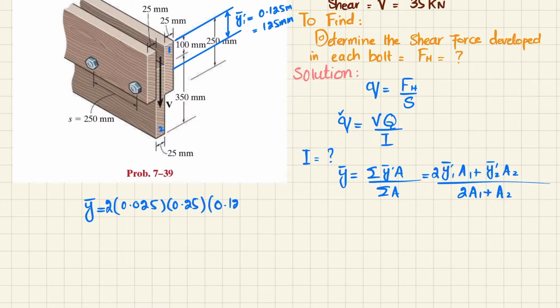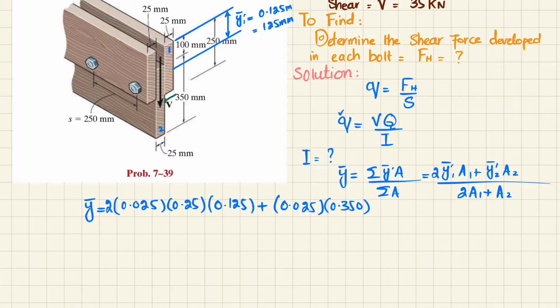So 0.125 plus, now this is the second member. Its area is 25 millimeter by its height, and you can see this height is 350 millimeter till this. So in meter, 25 is 0.025, clear, and the height is 0.350. And what will be y2 bar? y2 bar is the distance from the reference line till the mid of this section.